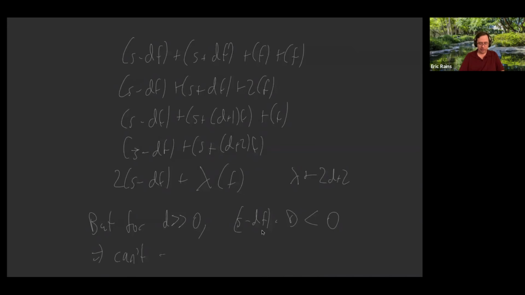But that means we can't get that surface. So just by looking at which D's can occur here, if we look at the biggest D such that this is non-negative, that cuts us down to a finite number of initial possibilities.